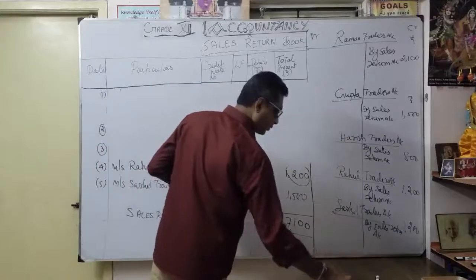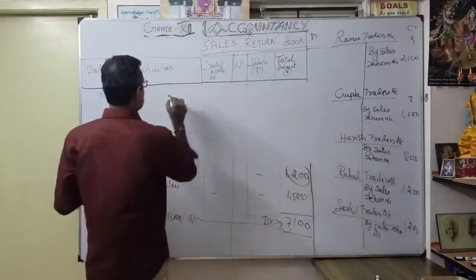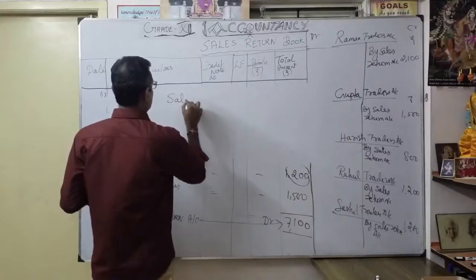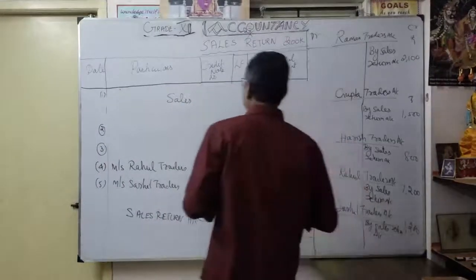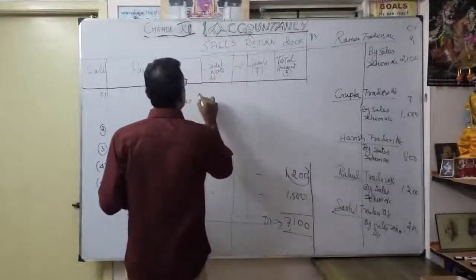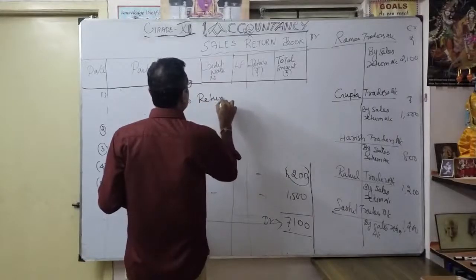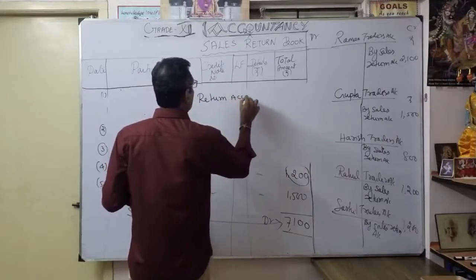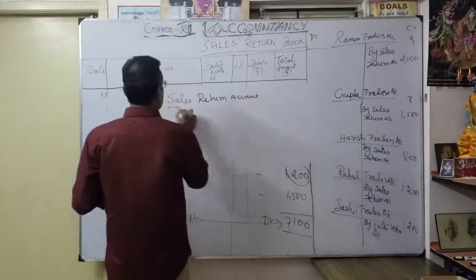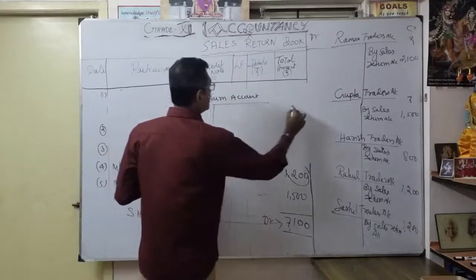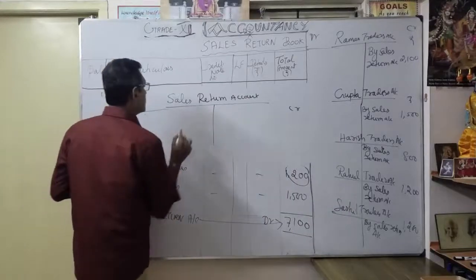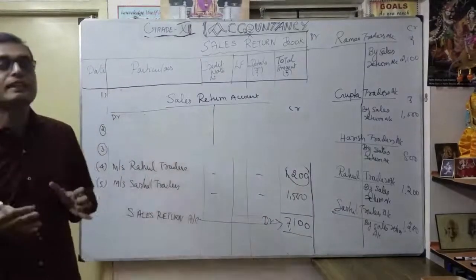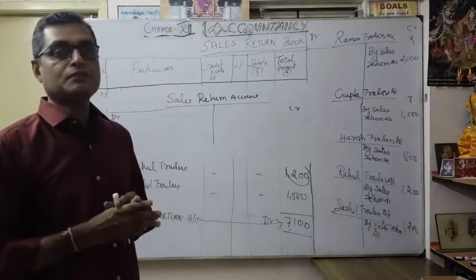Okay, so we want to open a ledger, the sales return account. Under that you can make this the credit side and this the debit side. So are we going to write on the debit side or credit side? Sales return is always on the debit side.